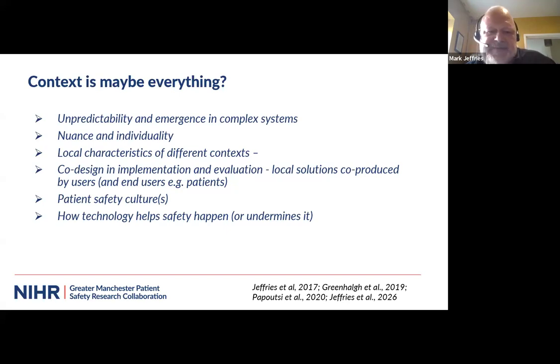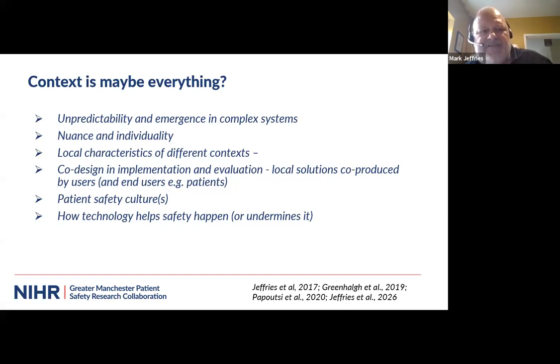Local solutions, understanding context, patient safety cultures. For the current project I work on, we met with a patient and care advisory group, and I talked about how patient safety is achieved.